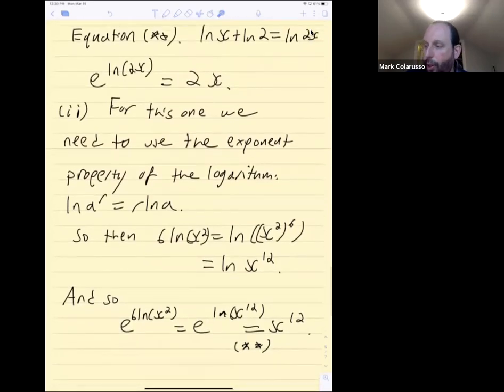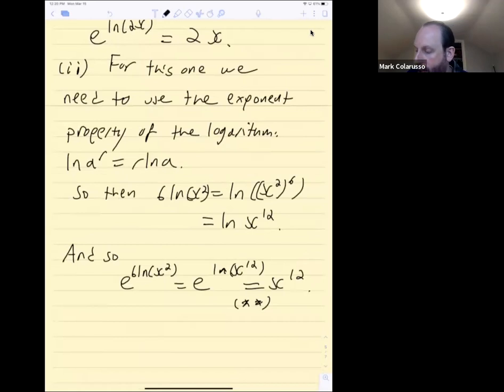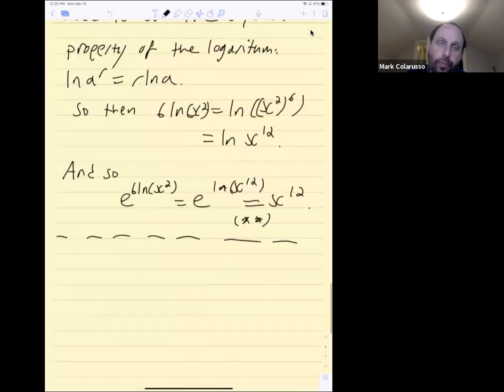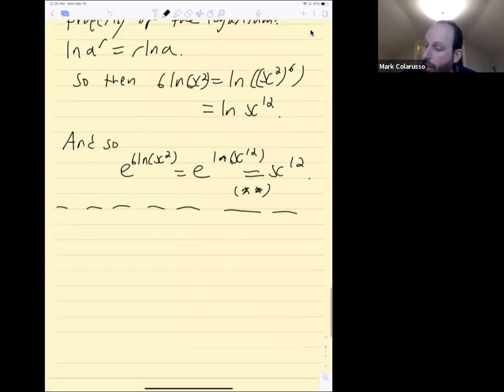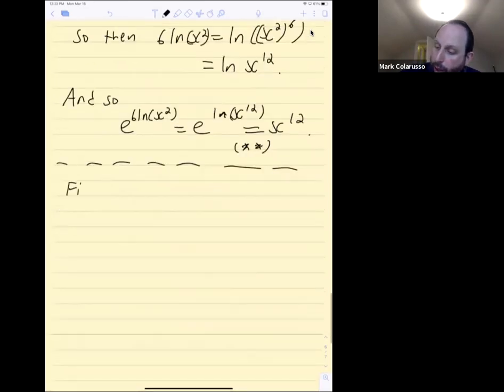Okay, so this is fairly straightforward. So finally, the whole point of this was to be able to solve logarithmic equations, right? That's how I motivated it at the end of the last video, so we can finally do that. Finally, we can solve a non-trivial logarithmic equation.